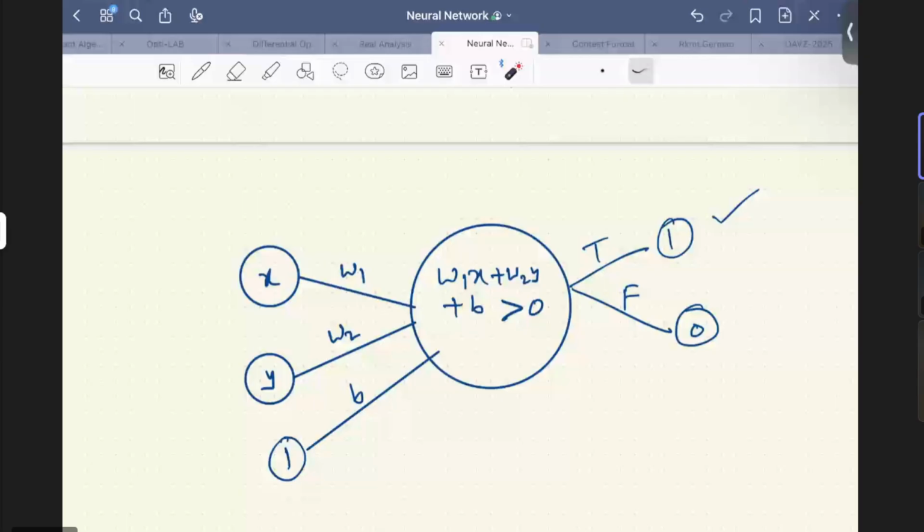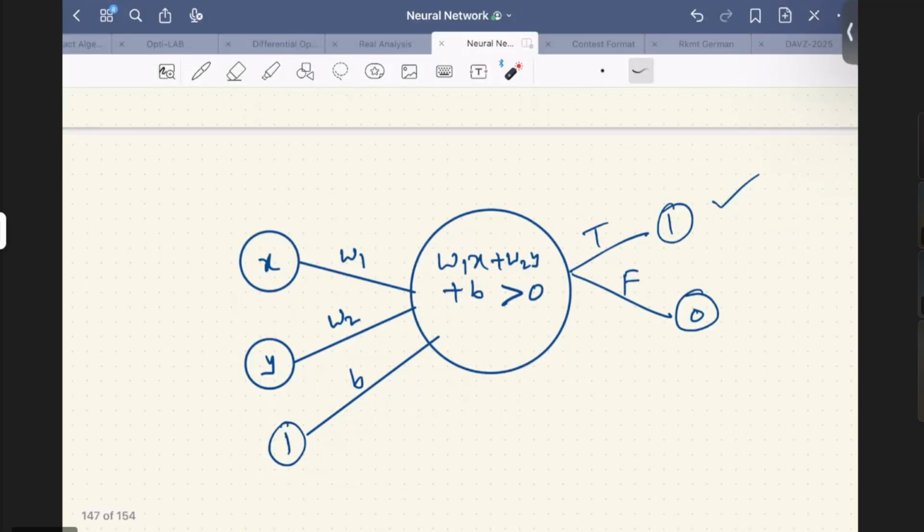Developing a rectangle. First of all, how many neurons are required? Furthermore, I don't want any activation function. I'm not using any activation function as of now. I will come to that activation function a little later. Think for some time.